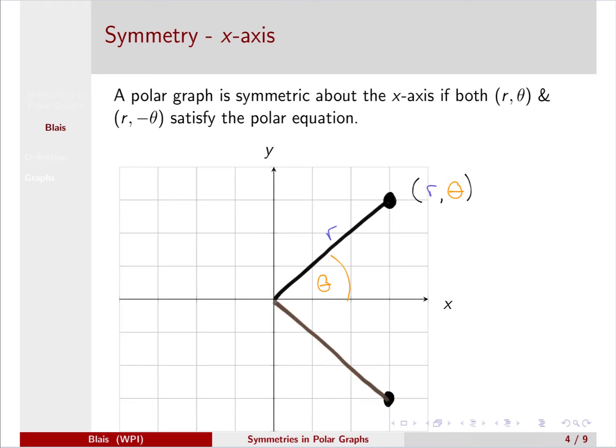Let's think about how it relates to this point in the first quadrant. Well, the line segment connecting the point to the origin is the same length, so we could characterize it in polar with the same r.